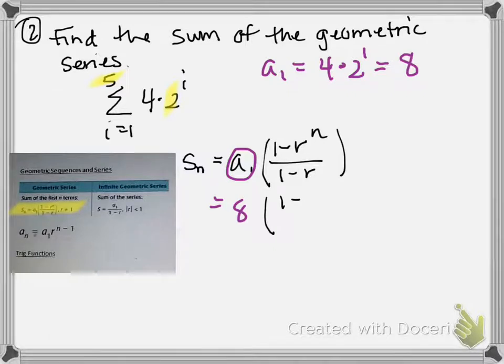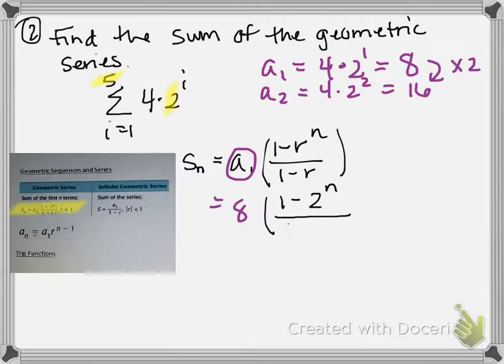Because if I find a sub 2, I would have 4 times 2 squared, which is 16. And I know the thing that I would multiply by to get from 8 to 16 is 2. So it tells me the thing I need to multiply by to get from one term to the next is 2. So 2 to the n power over 1 minus 2.